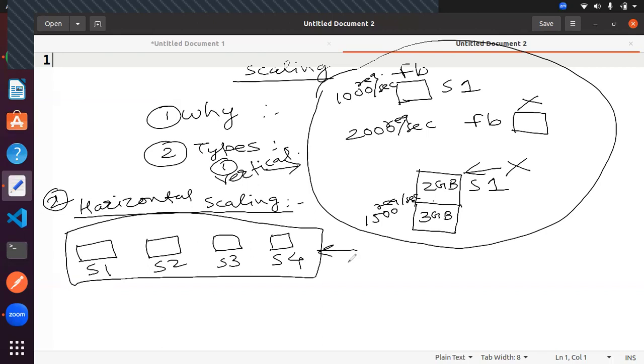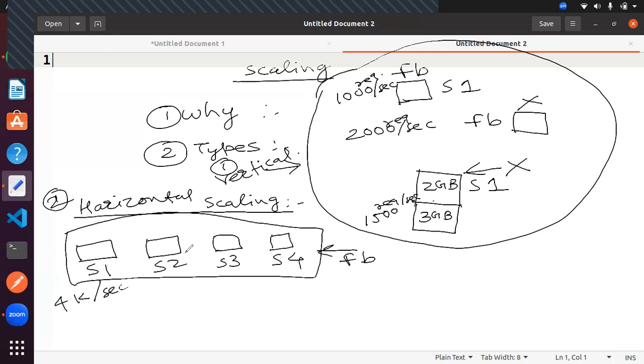Then it can handle 1000 multiplied by 4, around 4K requests per second, because of increasing the capacity of the servers through horizontal scaling.